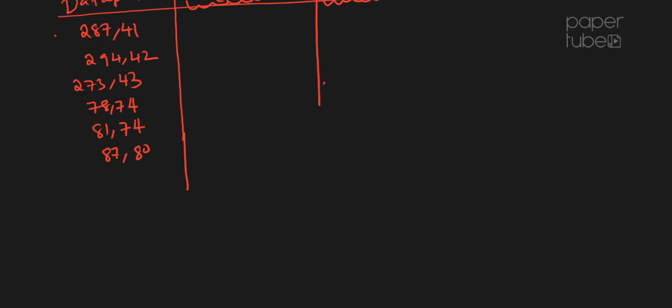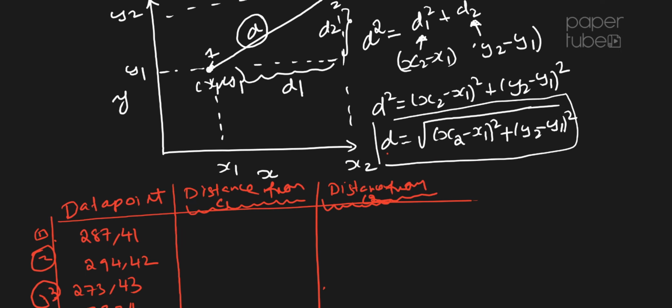So that makes 6 crystals. So sample number 1, 2, 3, 4, 5, and then 6. So you have 6 samples. So let's calculate the distance using the formula which I showed you now, this one.